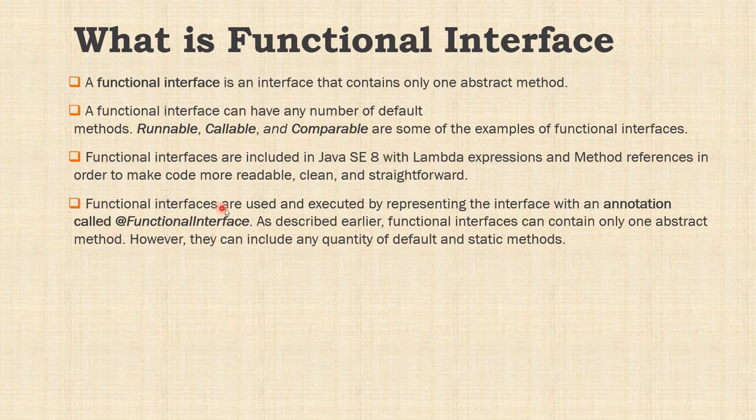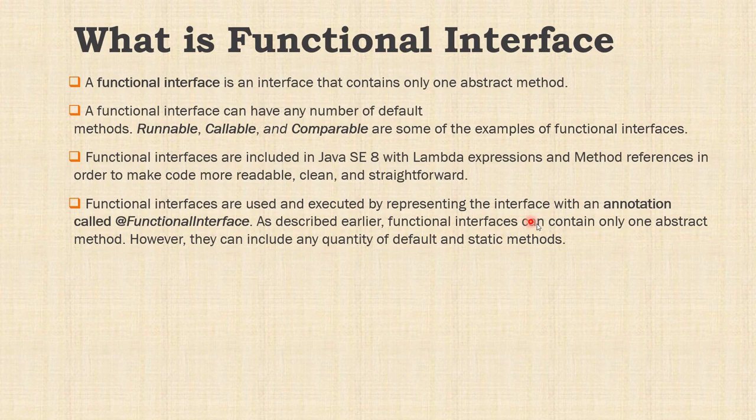Functional interfaces are used and executed by representing the interface with the annotation @FunctionalInterface. As described earlier, functional interfaces can contain only one abstract method. However, they can include any quantity of default and static methods.